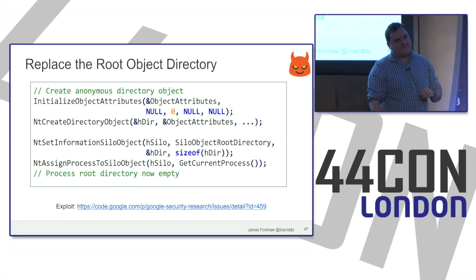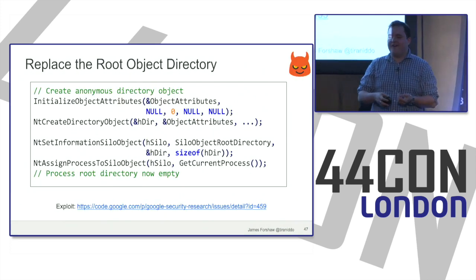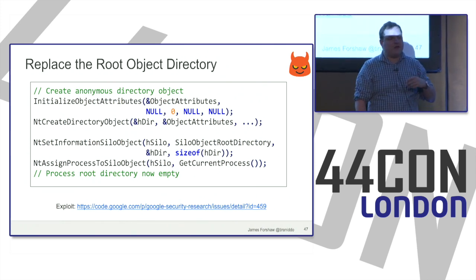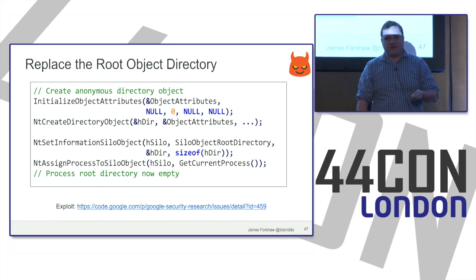But unfortunately, most kernel code does not actually expect that you can replace the object directory, and that's a bit of a security problem. For example, if kernel code in your current process wants to open the registry, it has to pass the path \registry\machine\something.